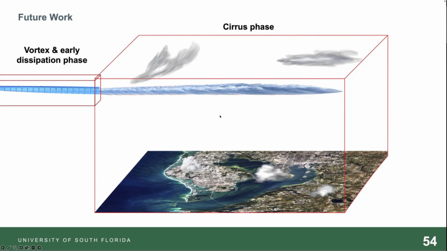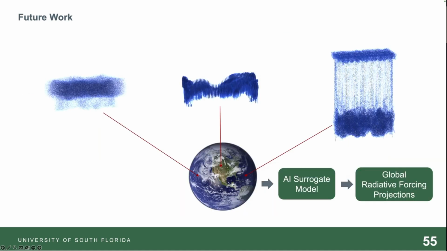We will be able to model the surface and the heat fluxes that we get from different surface types. We can even throw some other cloud configurations in there, or natural cirrus clouds that do not come from contrails. Then, in our future work, we run these coupled simulations for a lot of different and diverse atmospheric conditions.